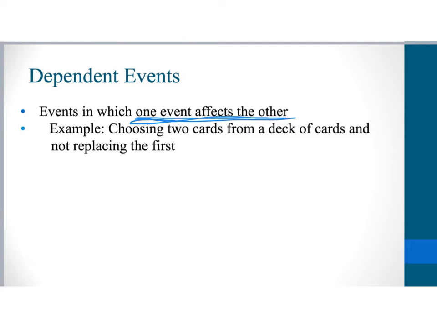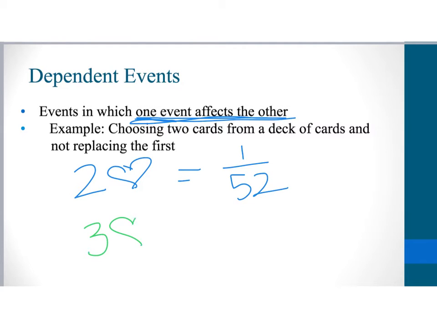So if you choose, let's say, a 2 of hearts from a deck of 52 cards, and you want to select another card, if you don't put this 2 of hearts back in that deck, so let's say the probability of selecting a 2 of hearts is 1 out of 52. Now let's say on your next choice, you select a 3 of hearts.